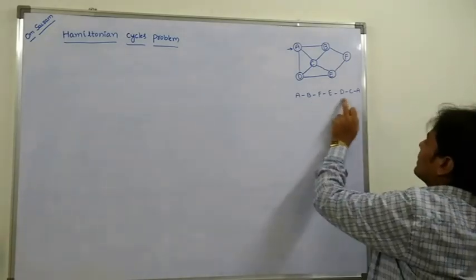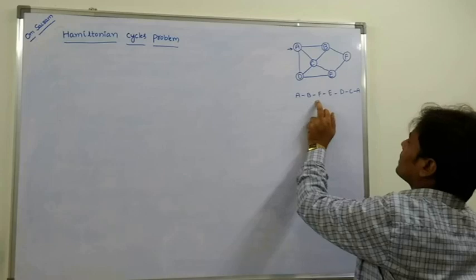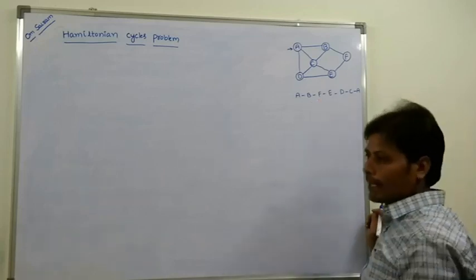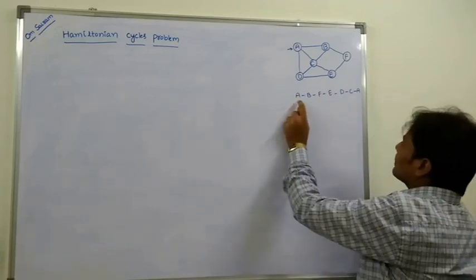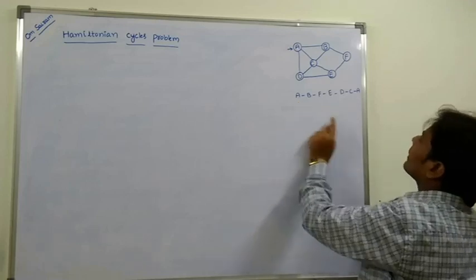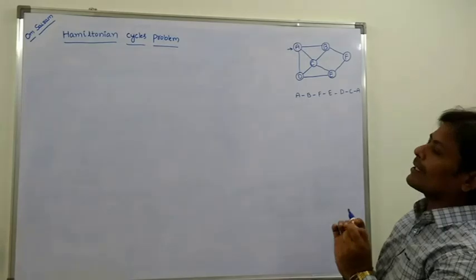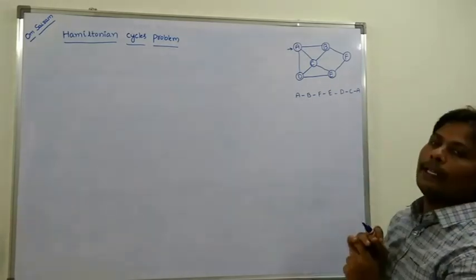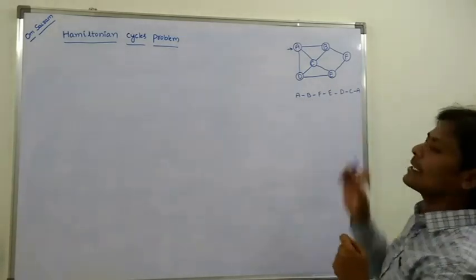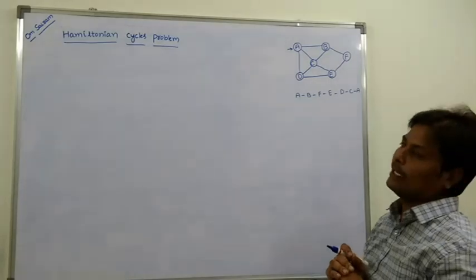The remaining vertices in the given graph are visited exactly once. If these conditions are satisfied, then we can say that it is a Hamiltonian cycle.